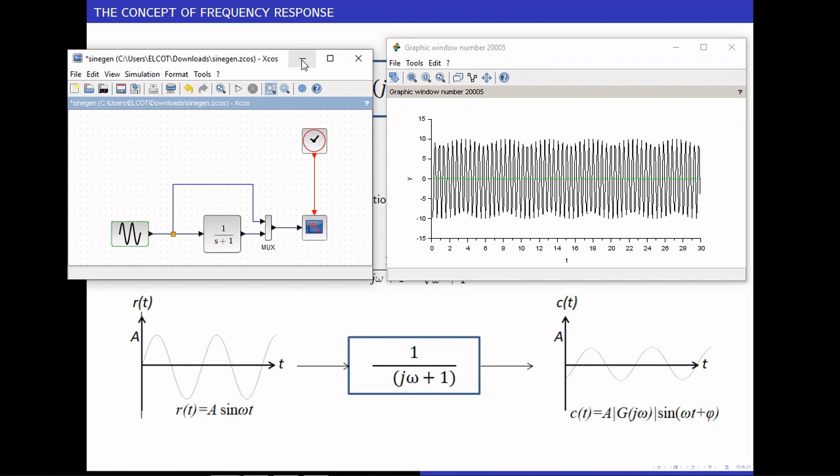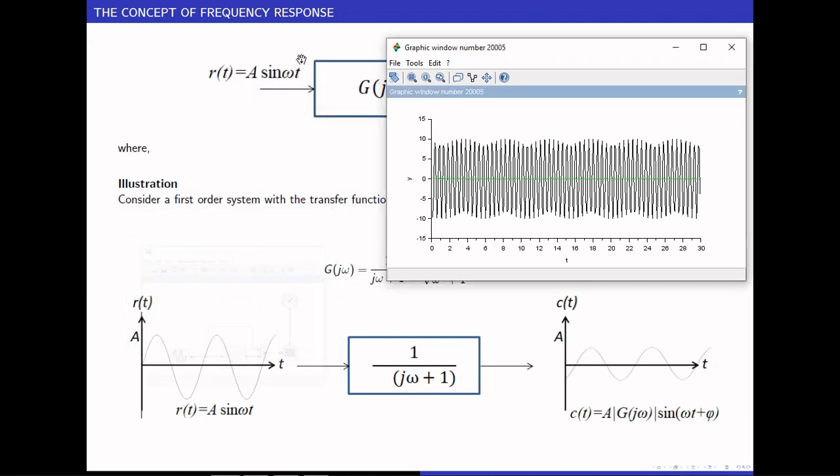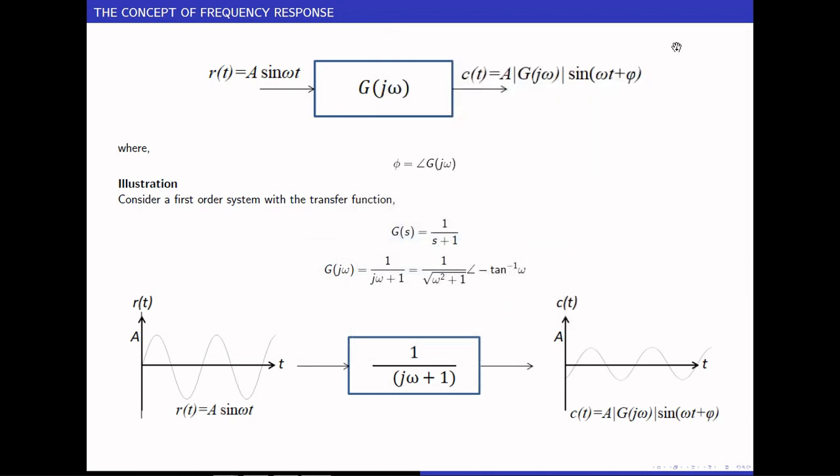So it's very clear that the steady state output of an LTI system varies with respect to its frequency, because the amplitude is decided by A times the magnitude of G of j omega, and the angle is also decided by the angle of G of j omega.